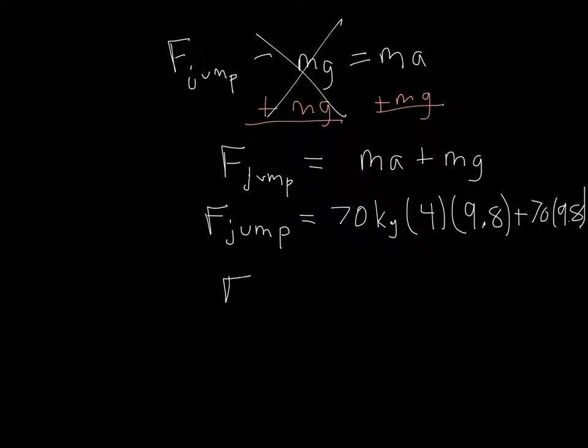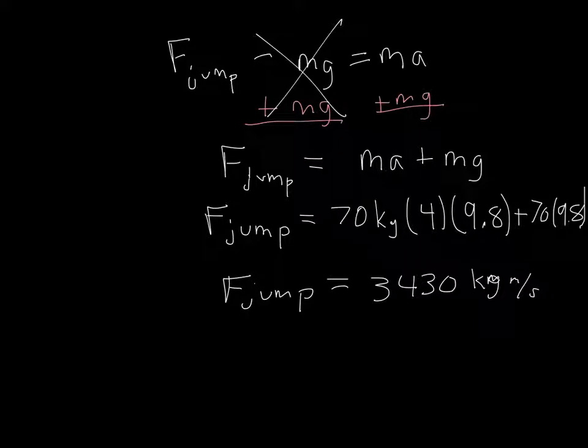So F jump, when you multiply all of this out, we're going to find a total force of this jump that's equal to 3,430 kilogram meters per second squared, which is just equal to a newton. So our final answer is 3,430 newtons.